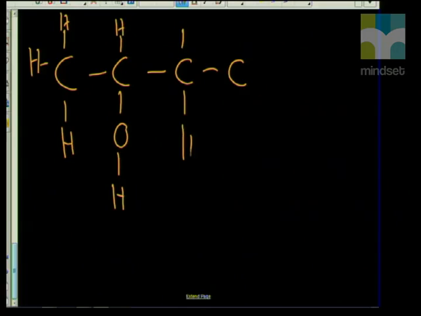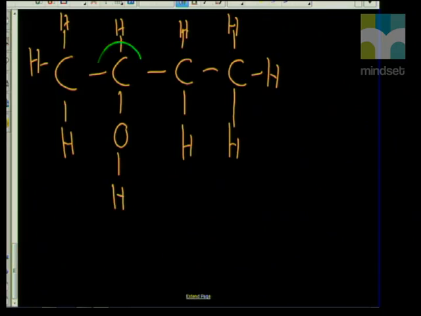Now, what I need you to understand is the difference between primary, secondary, and tertiary alcohol. When you look at where the OH is, where the O is bonded to the hydrogen, what I want you to circle that carbon.